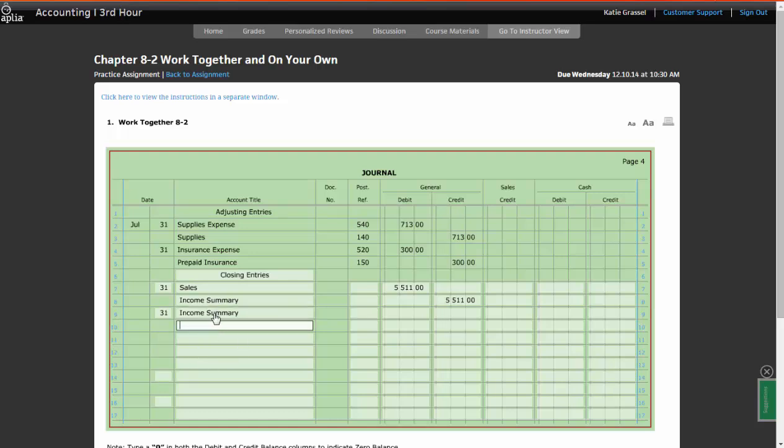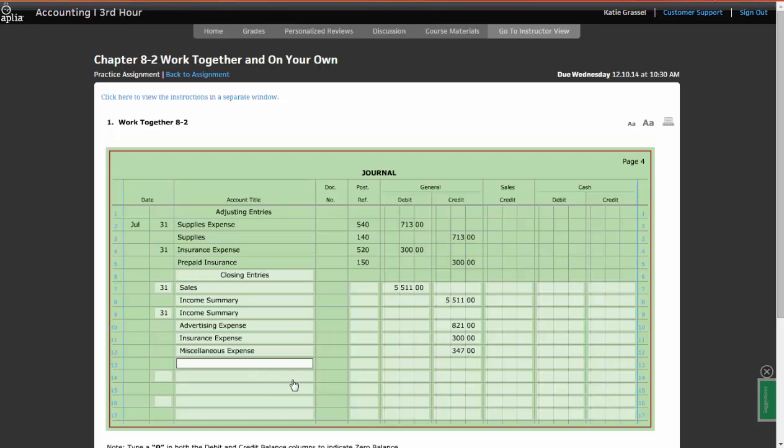So I'm going to have below on line 10 my first expense account, which is going to be advertising expense, and advertising expense is going to be credited $821. Then insurance expense is going to be credited $300. Miscellaneous expense is going to be credited $347.